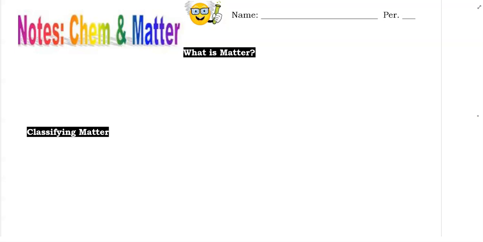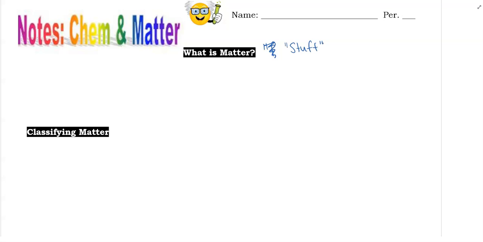We've heard this word matter before when we have been going through our science education in elementary and middle school, and we know it means stuff, right? But really, when we talk about matter, we want to know what it's made of. What is its structure? What is its properties?